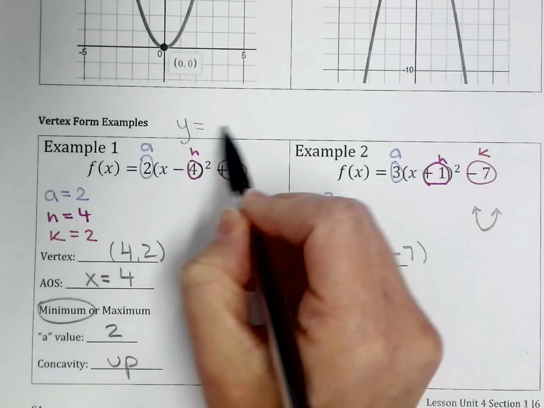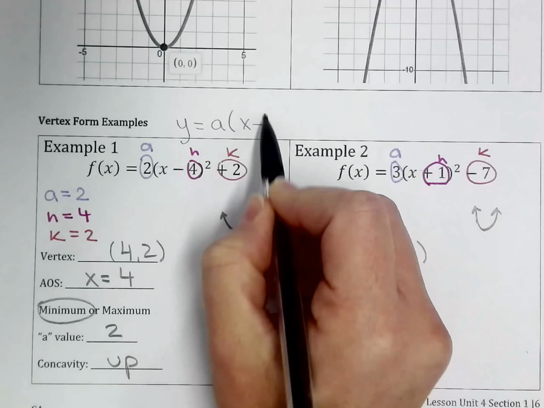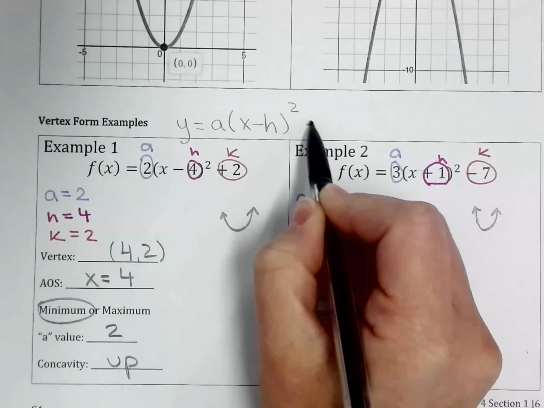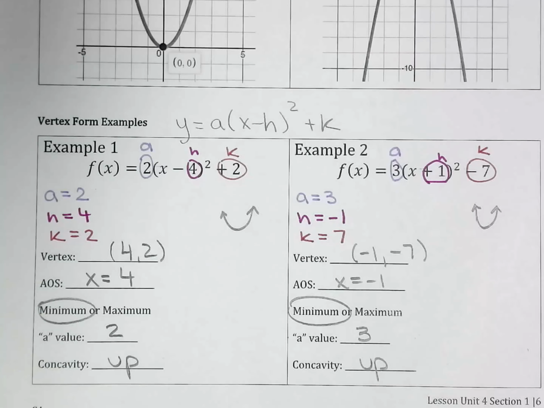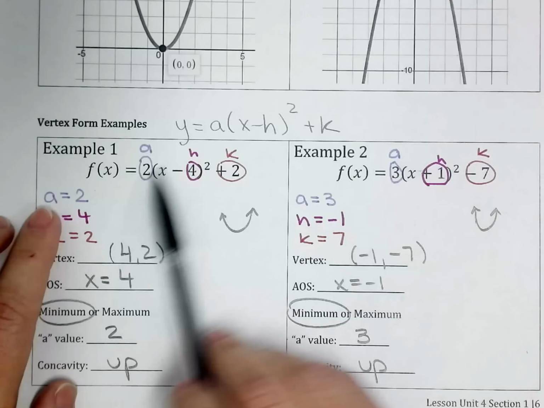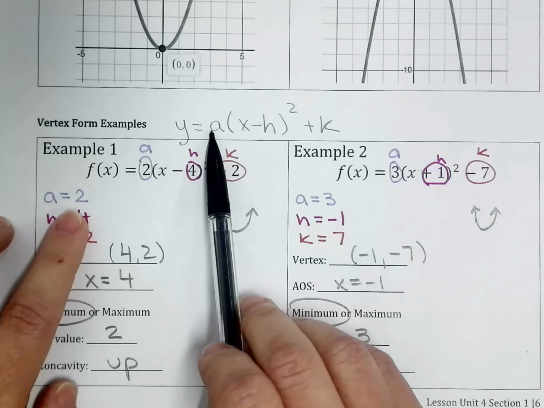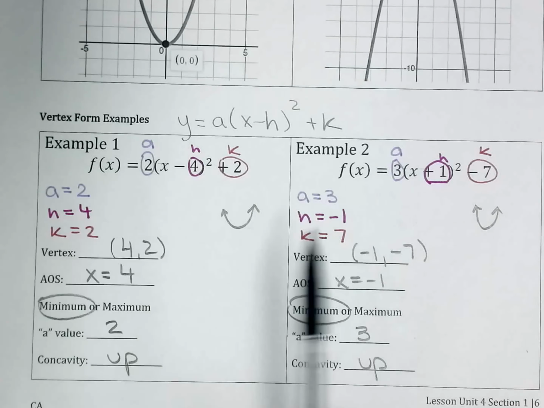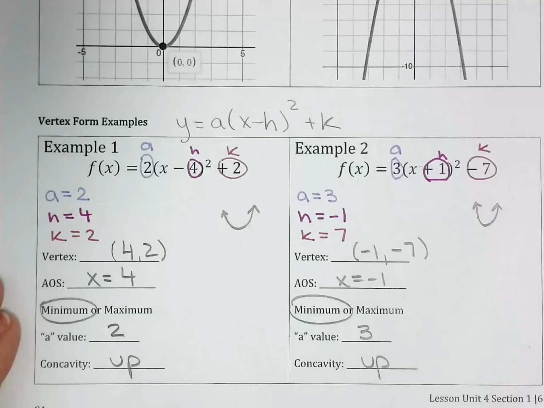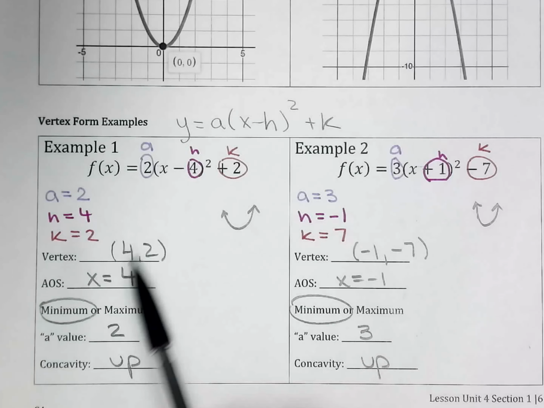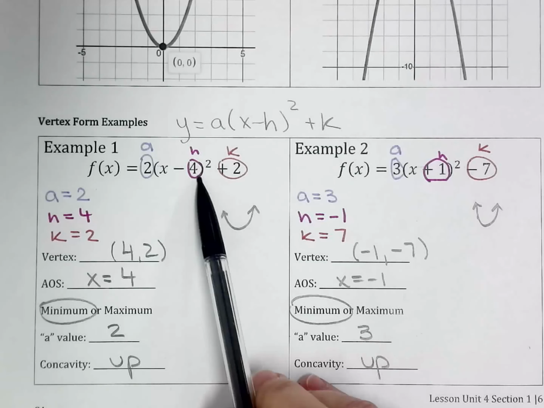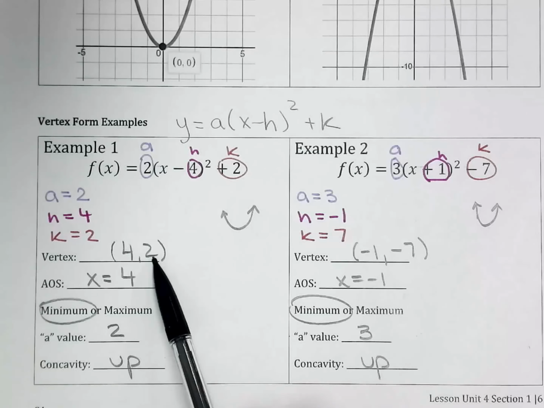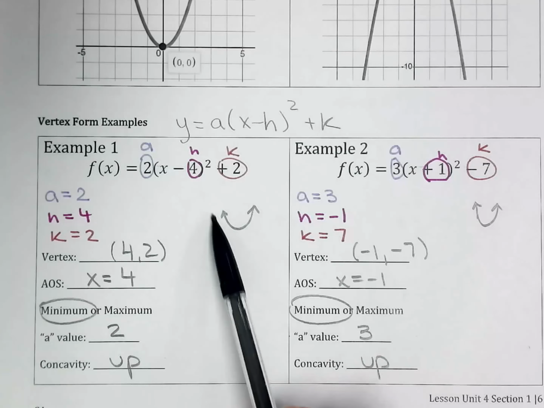So remember that we have y equals a(x minus h) squared plus k. So a is that number right there, right? The number in front. So a, h, and k. I also labeled them right here, color-coded, very pretty. So the vertex, we know it's h and k. So h is 4, k is 2.